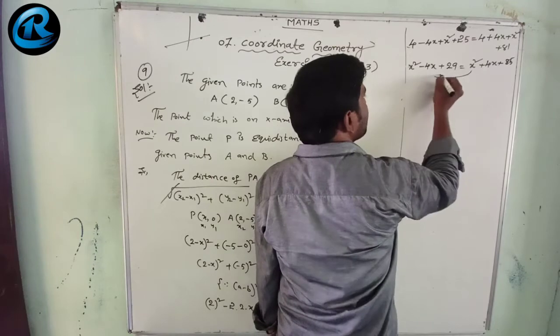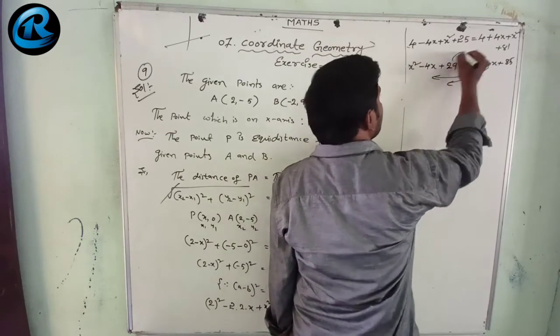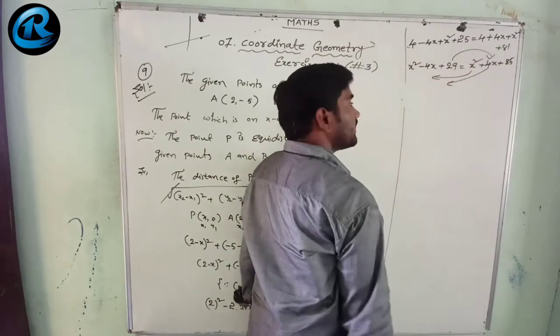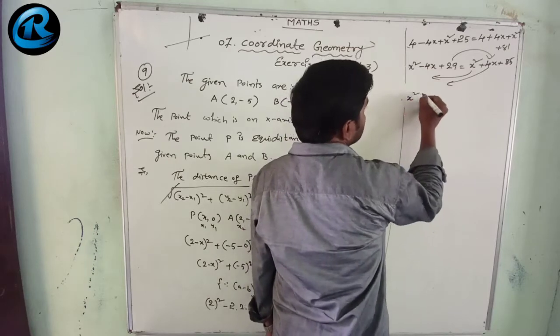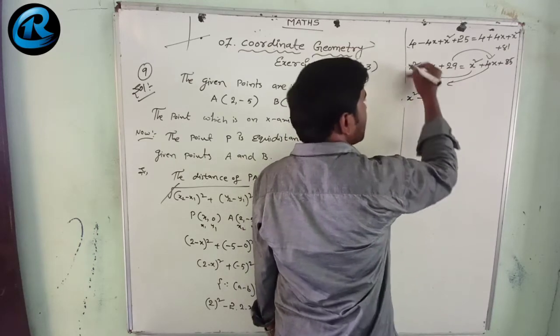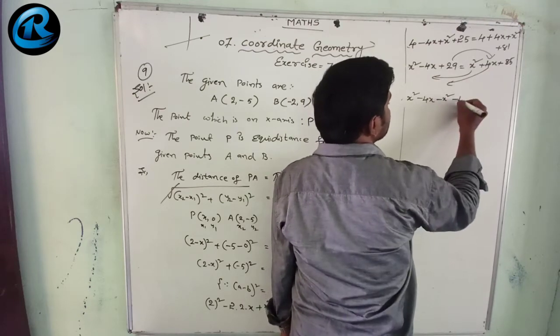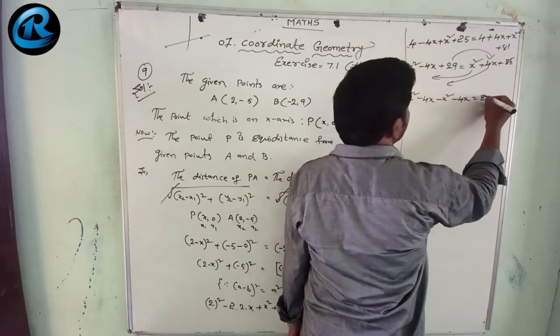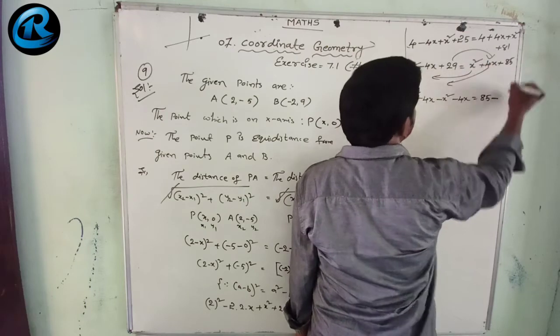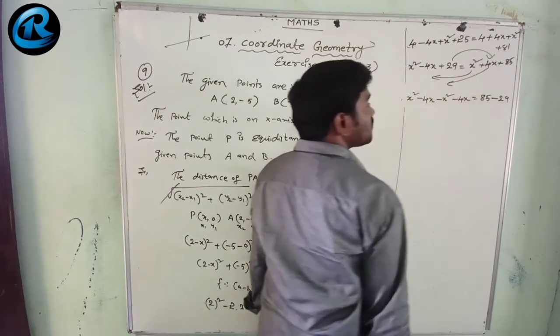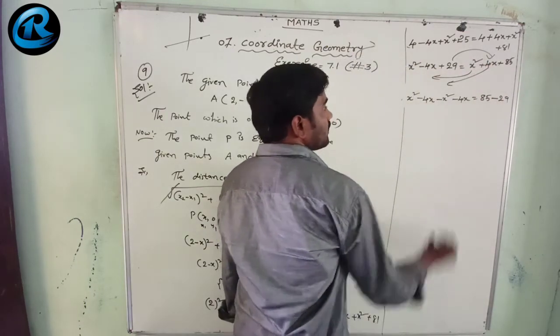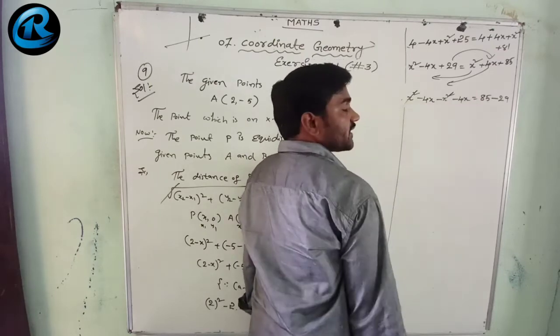Now all the variables we transfer to one side and the constant terms to the other side. So we get x square minus 4x on the LHS, plus x square becomes minus x square, plus 4x becomes minus 4x, equal to 85 minus 29, because there is a plus 29 on the LHS. Plus x square minus x square get cancelled.